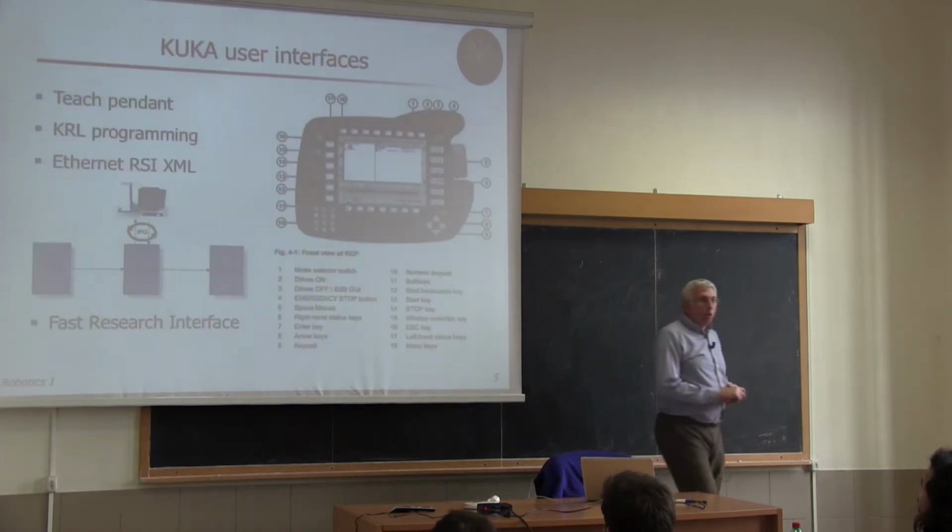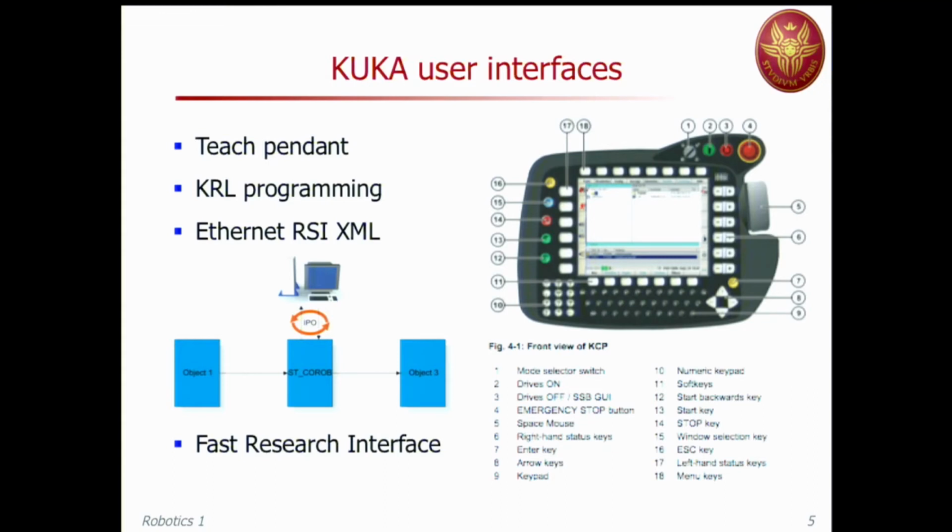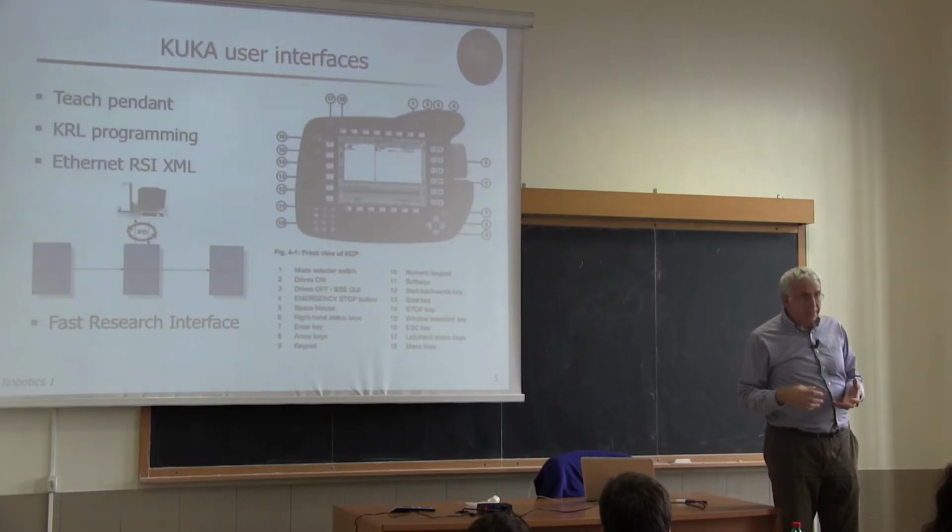Okay, so how do you interface with KUKA? You will see this in the lab visit. This is the teach pendant. The teach pendant is kind of a notepad, so with a screen, a lot of buttons, a nice space mouse. So it's a mouse which has 6 degrees of freedom possibility, because this drives 6 joints.